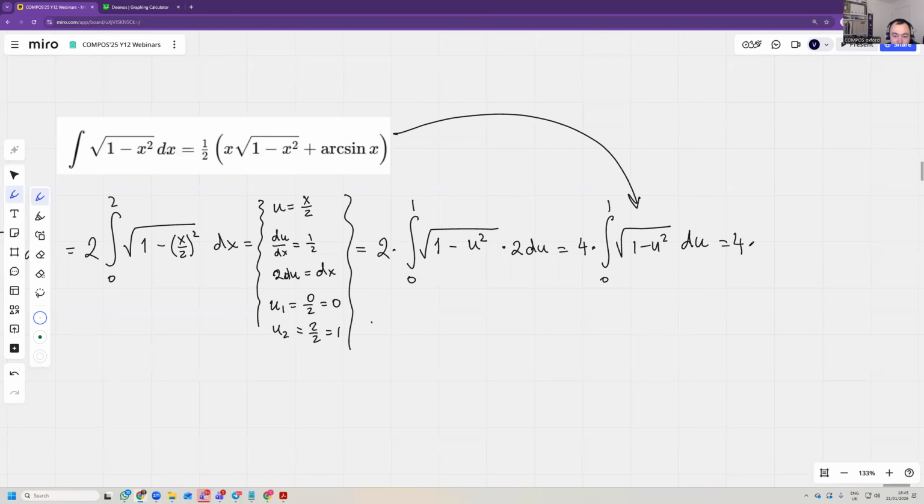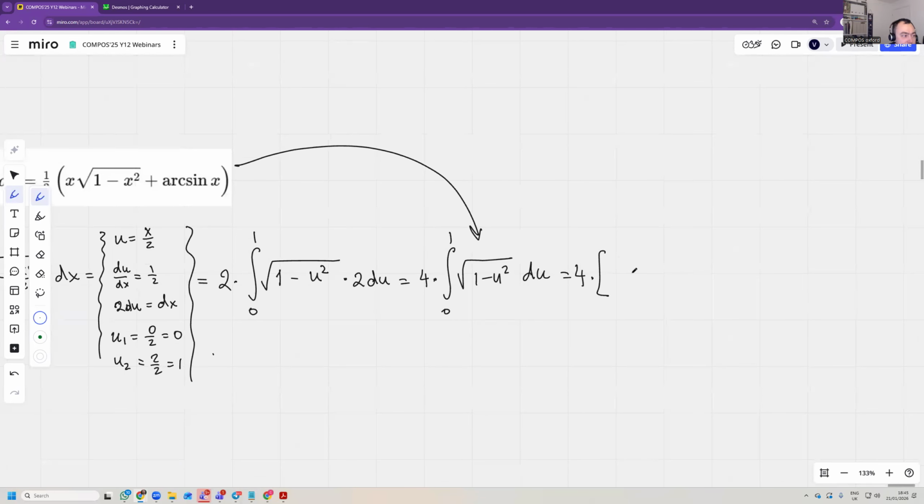And then I'm allowed to use this result. So it's going to be 4 multiplied by 1 half, u square root of 1 minus u squared plus arc sine u, between limits 0 and 1. So now I just substitute 1.